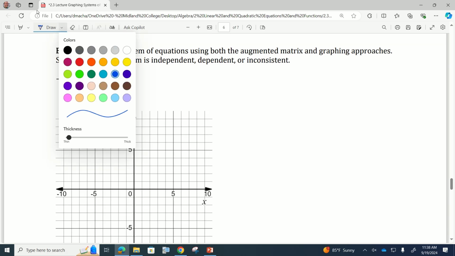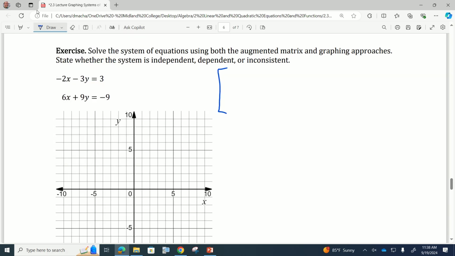I'm going to start off by writing the augmented matrix and then trying to row reduce here. That is my augmented matrix. And when I think about row reducing, I think to myself, could I make that -2 into a +1?